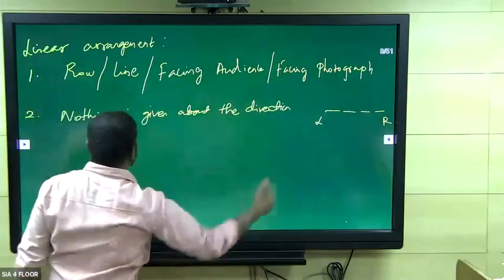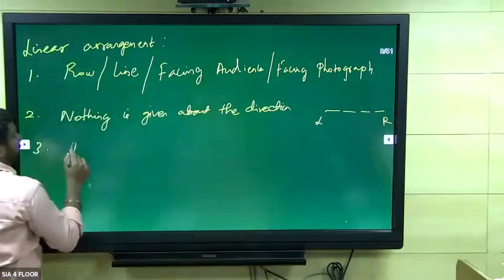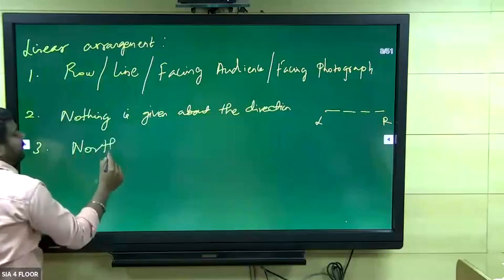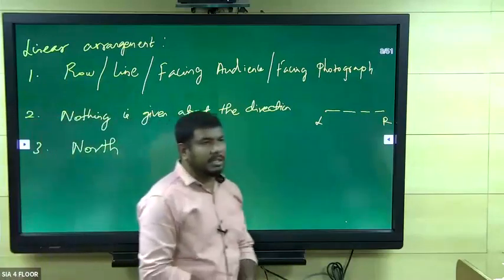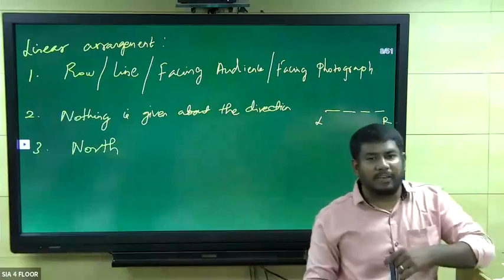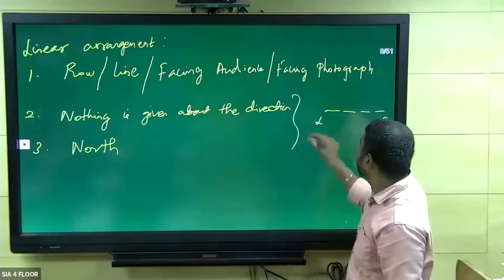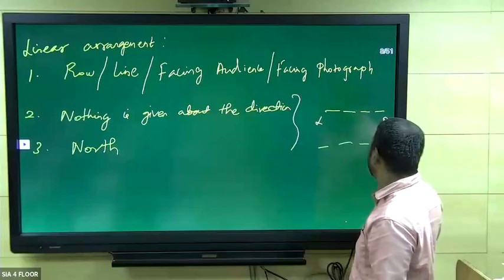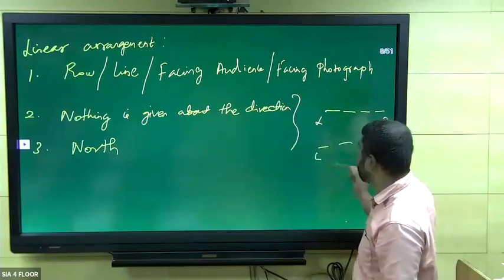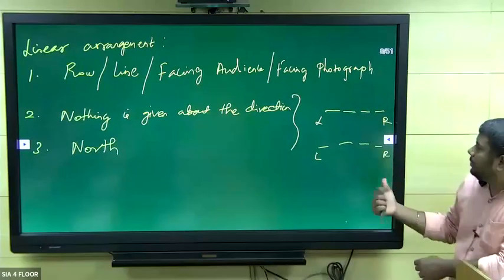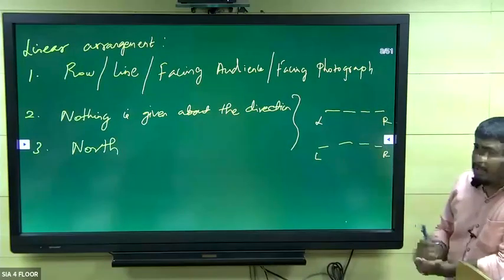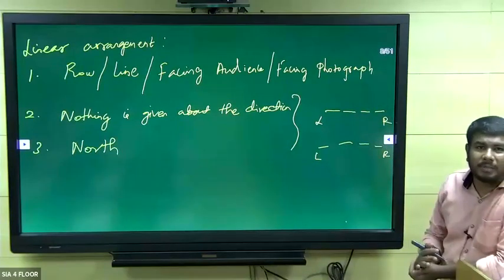And if the direction is given, for example, they are sitting in a row facing north, for this also we need to take it like this, because you know our universal factor.